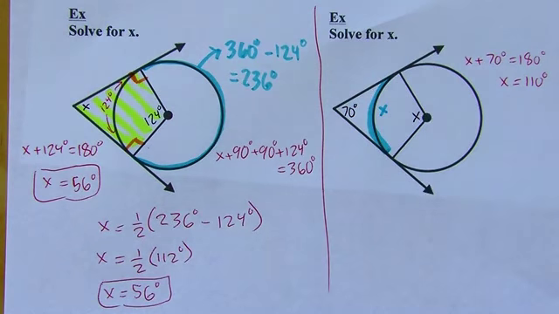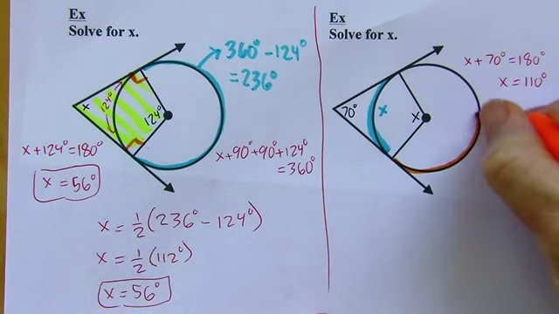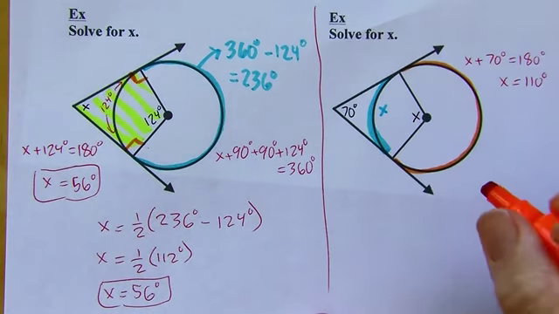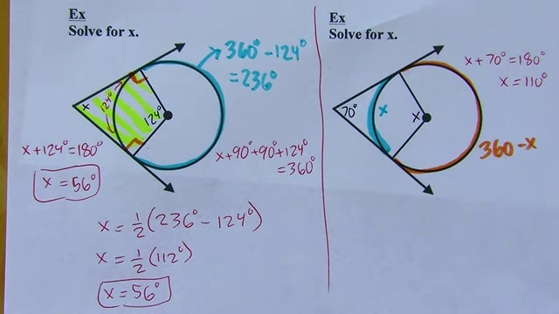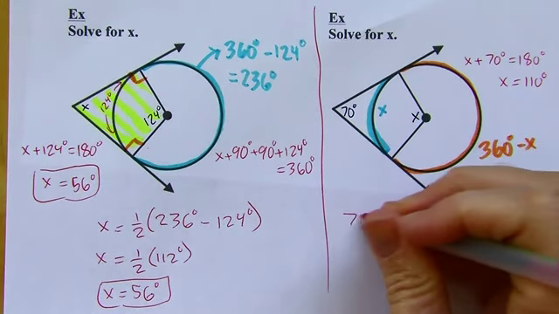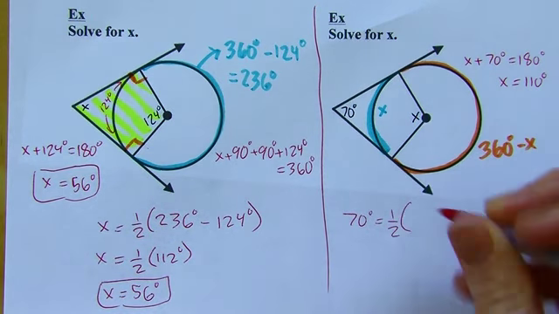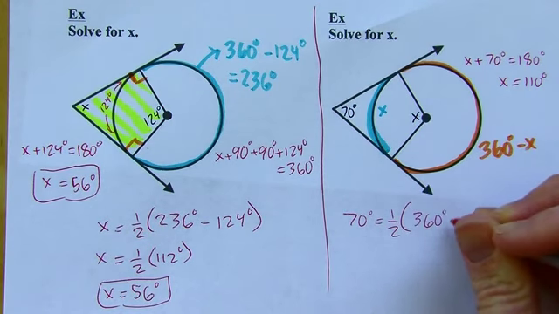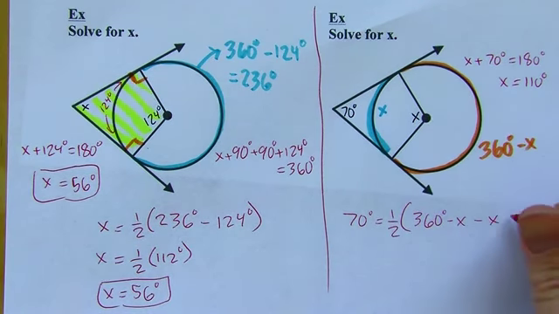And then the bigger arc, I don't know the measure of it, but I know the two arcs together form 360 degrees, so I can call this 360 minus x. And it should really be degrees. Okay, so now I can use the formula. The angle is going to equal 1/2 of the big arc. The big arc here would be 360 minus x, minus the small arc. The small arc is x.